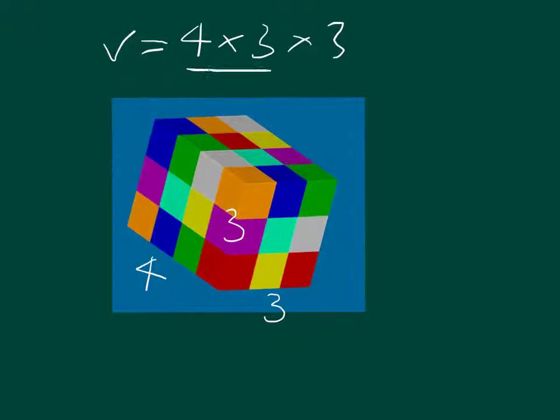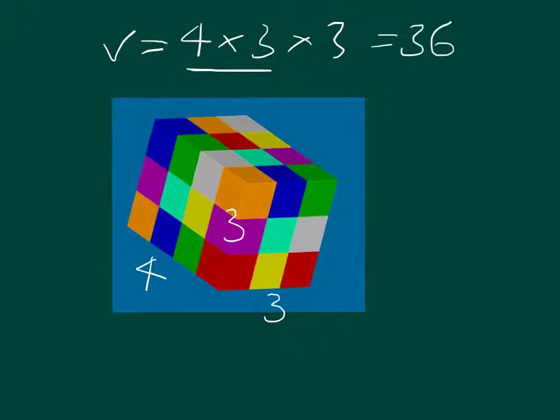A slightly bigger cuboid. This particular cuboid has a depth of 4, a width of 3, and a height of 3. So if we take the volume then, we can find that out by doing 4 times 3 times 3. 4 3s are 12, and 12 times 3 is 36.